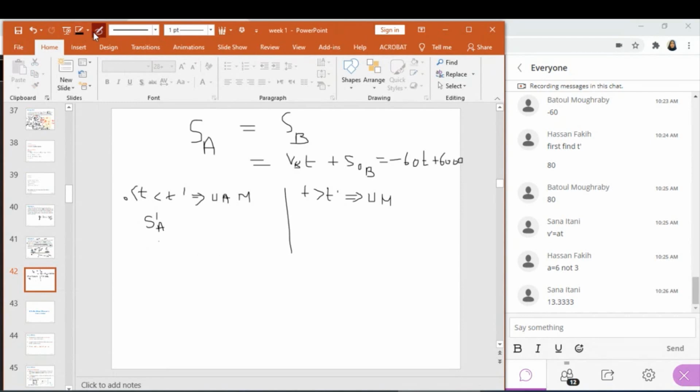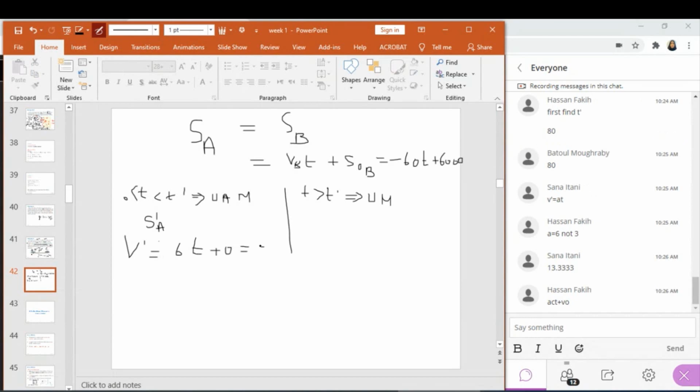So what is the equation of velocity in a uniformly accelerated motion? V prime is equal to A, which is 6, t plus V0, which is 0 here, and this should be equal to 80. This will give me that t is equal to 80 over 6, which is 13.333, and this is t prime, of course.